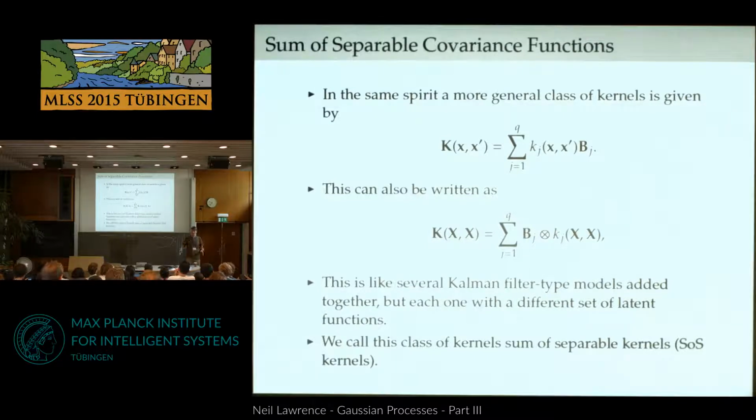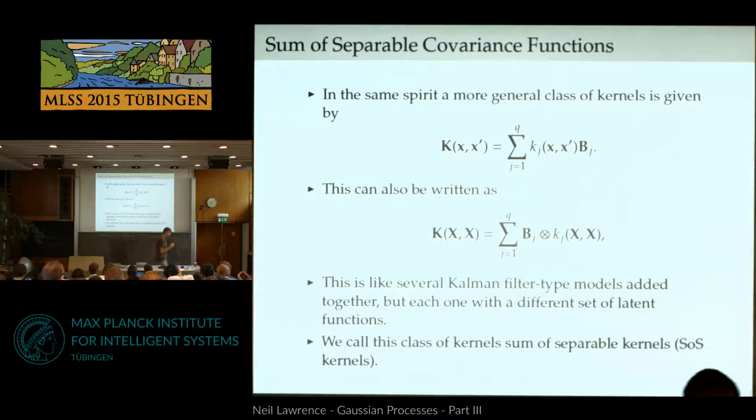Adding the output of those together must lead to another Gaussian process, because adding Gaussian processes together leads to another Gaussian process. In the Kalman filter case it's pointless, because adding these Gauss-Markov processes together just leads to another Gauss-Markov process. But in general we can define different covariance functions with different co-regionalization matrices. So this is where things start to get interesting.